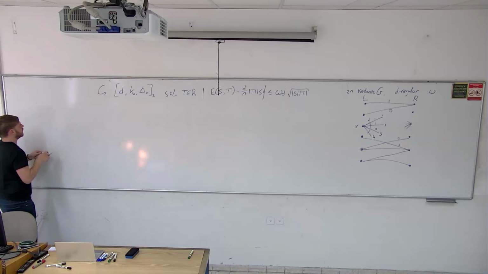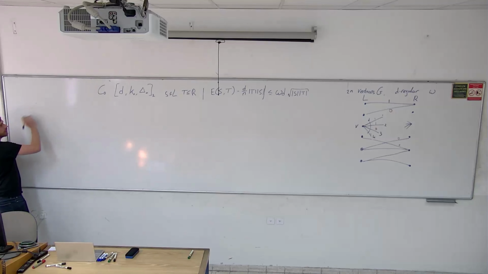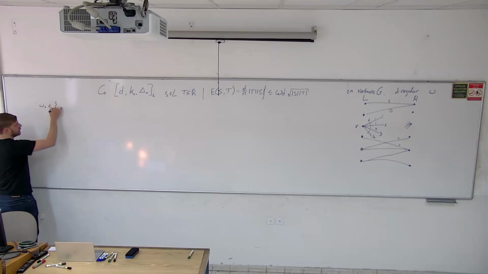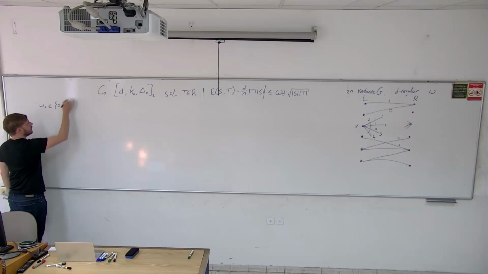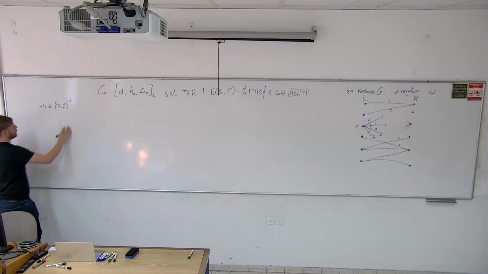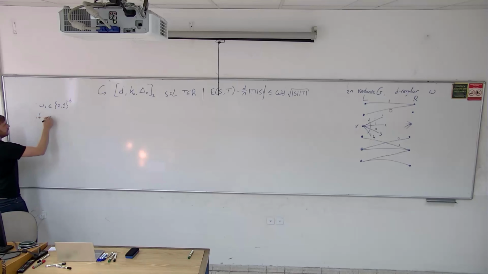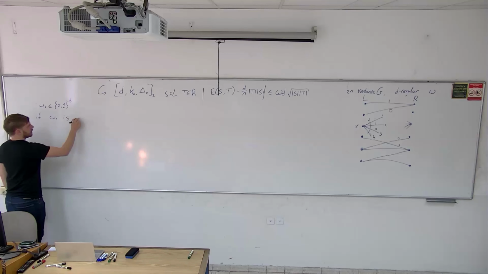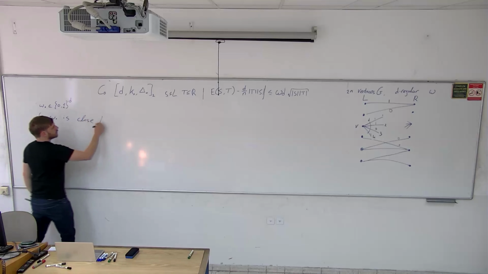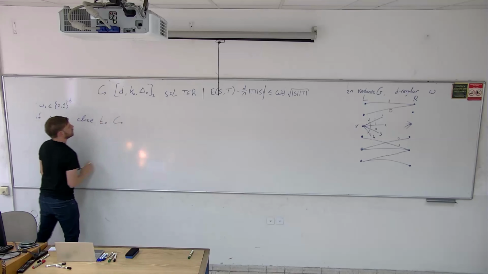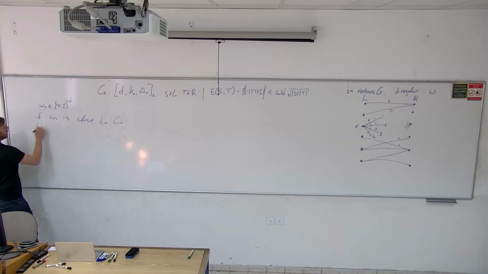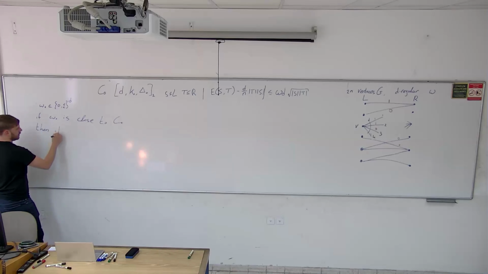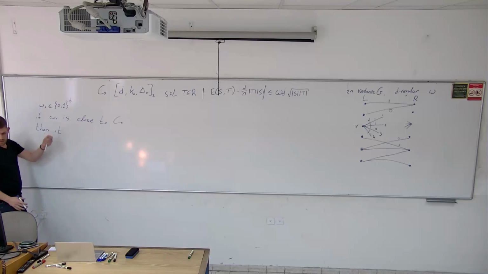So assume we have an algorithm that takes W0 in {0,1}^D, and if W0 is close to C0, then it returns the code word that W0 is close to.